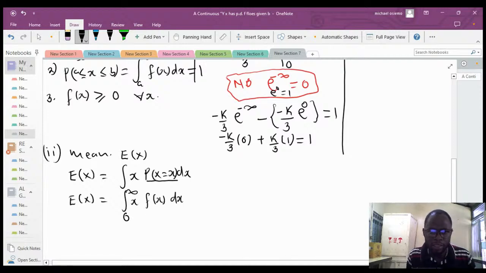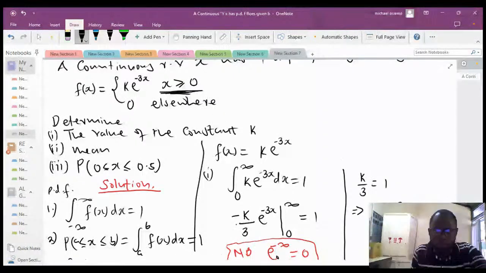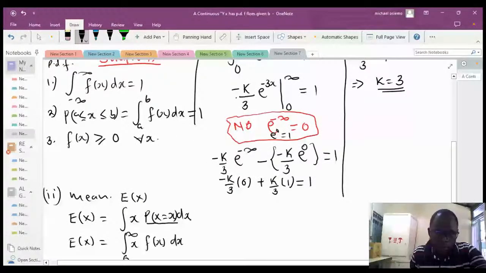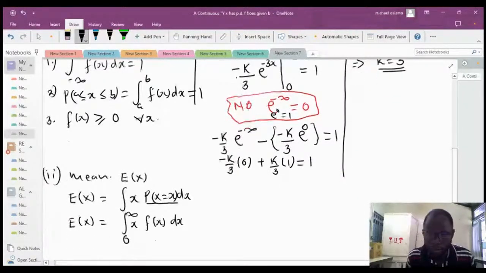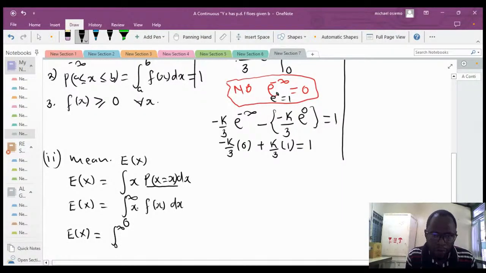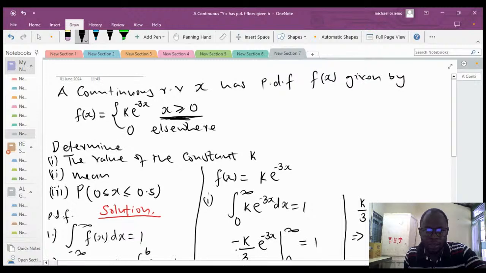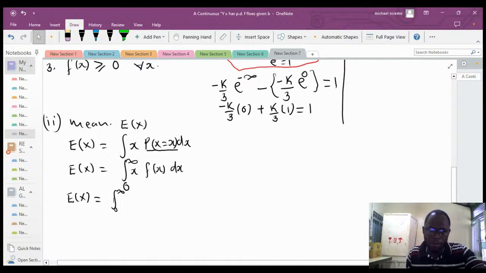Because for this function, our range has been given that x is greater than or equal to 0, so it will be running from 0 to infinity. So in the same case, we're going to have the expectation of x equal to the integral from 0 to infinity of x f(x). Our f(x) is k exponential negative 3x, and we already have the value of k being equal to 3.